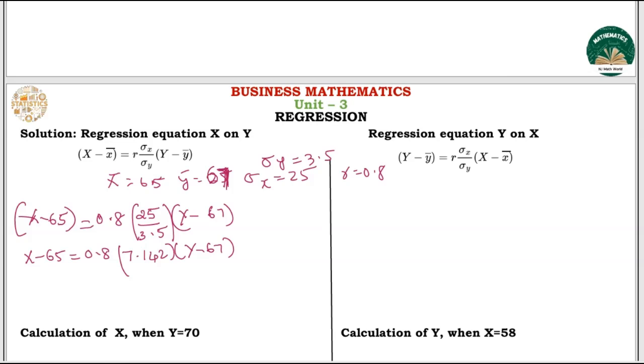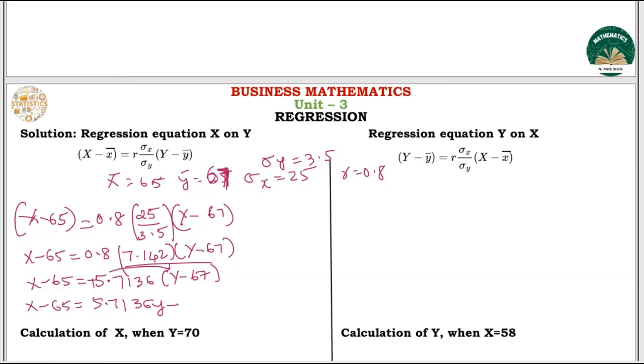Now 0.8 into 7.142 will be 5.7136, so x minus 65 equals 5.7136 into y minus 67. Now remove the bracket: x minus 65 equals 5.7136 into y as it is. Plus into minus is minus, then you have to multiply into 67.